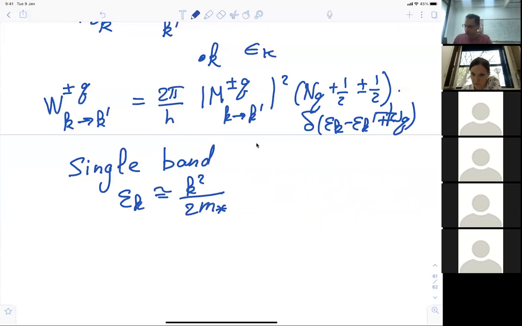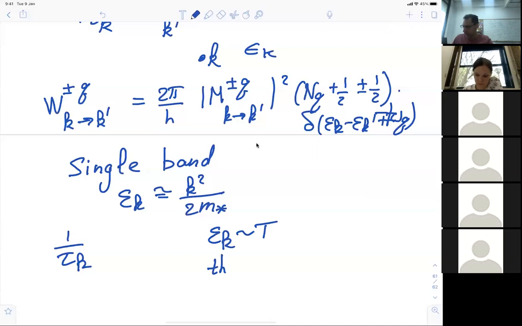Now we are computing 1 over tau k, and we need to decide which k we're interested in. Let's assume it will be thermal k, so epsilon k is of the order of temperature. Thermal electrons, just to make things easier.